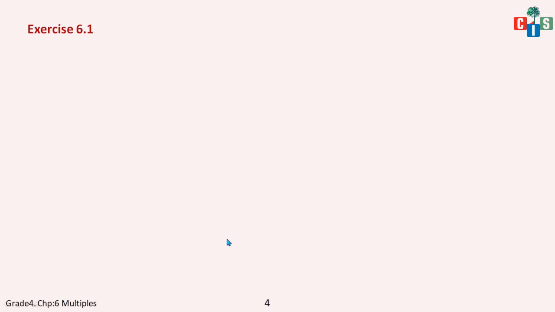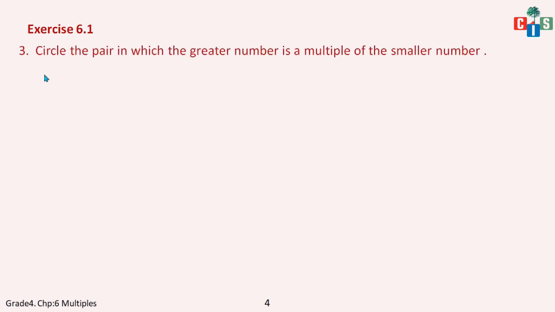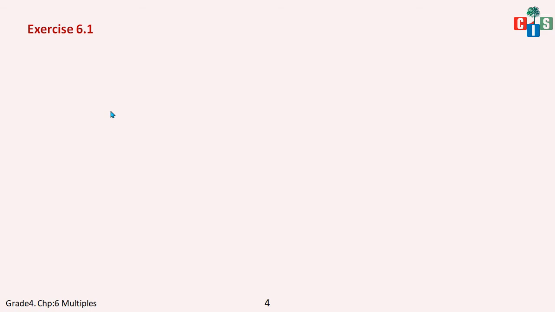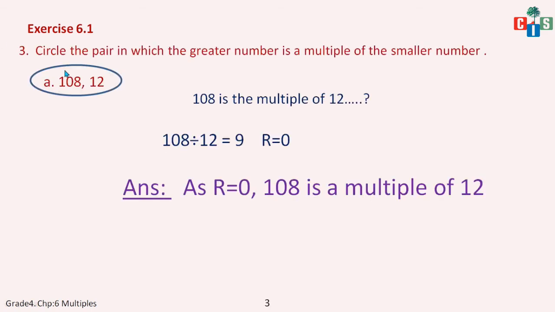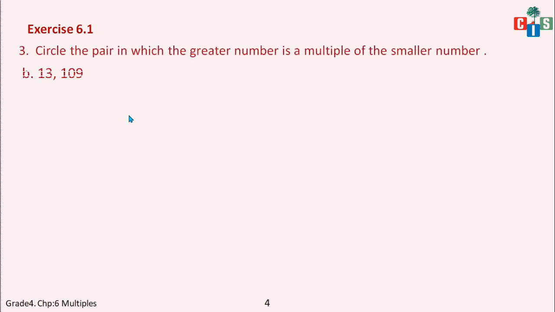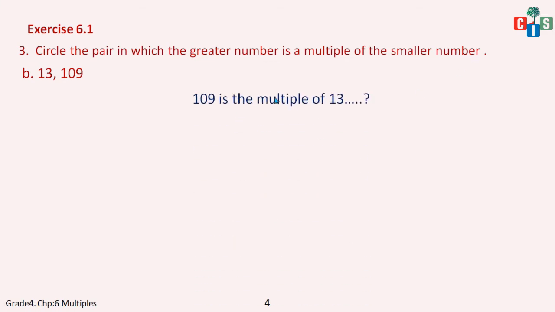The other example is B, that is 13 and 109. In the previous example you had the bigger number first and the smaller number behind, and now in this example you have the smaller number first and the bigger number behind. So don't get confused. You have to see whether the greater number is a multiple of the smaller number. So is the greater number 109 a multiple of 13 or not?